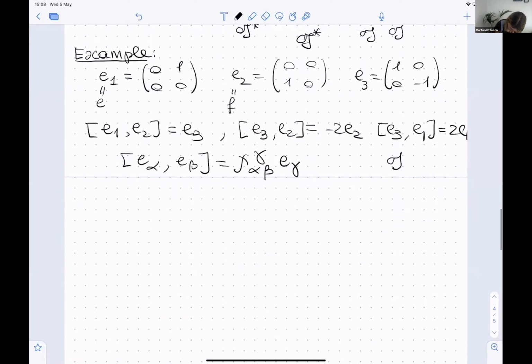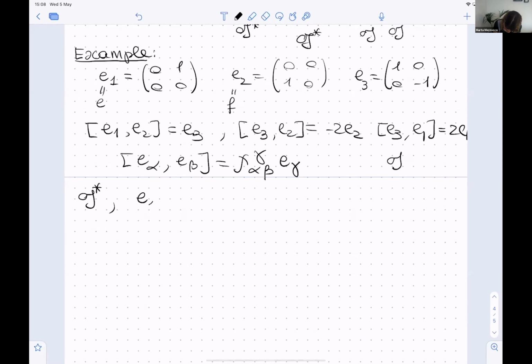On the dual we can select a dual basis. The dual is again SL2 in this case, but we want to take the dual basis in such a way that it's orthonormal to the given basis.